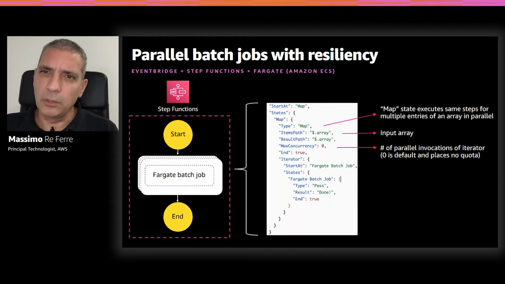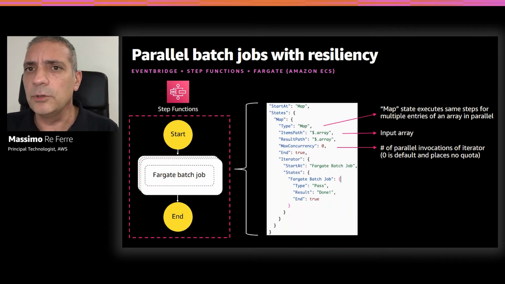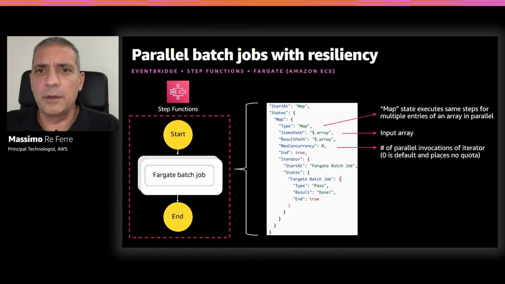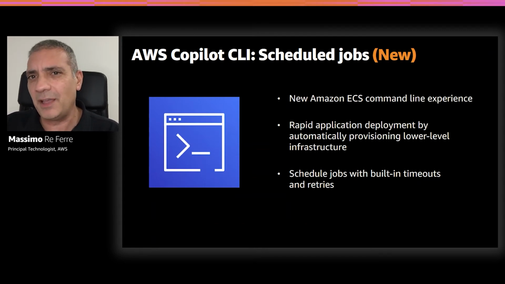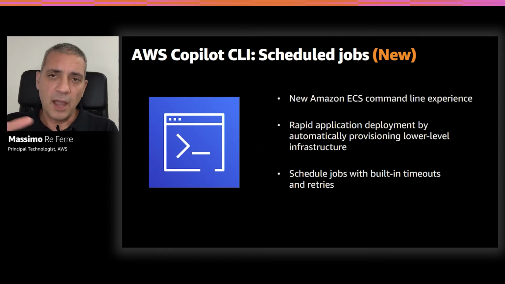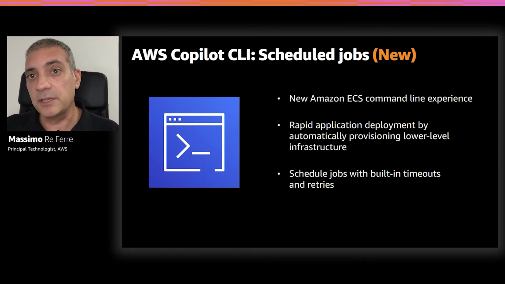This is not very difficult to set up, right? Setting up the rules on EventBridge and creating this step function. However, it's still a lot of heavy lifting that the customer needs to do when they only need to run a task with some particular logic. So what we have done is that we have introduced AWS Copilot, which is a CLI that allows customers to program Amazon ECS using higher-level constructs and embedded patterns in the CLI itself.